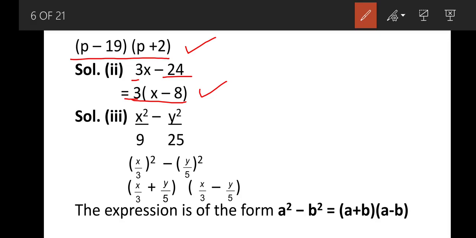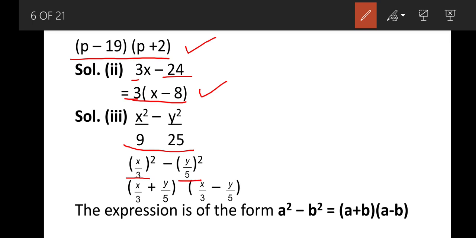Now coming to the third part, that is x square by 9 minus y square by 25. Dear children, x square by 9 can be written as x by 3 whole square, minus y square by 25 can be written as y over 5 whole square.